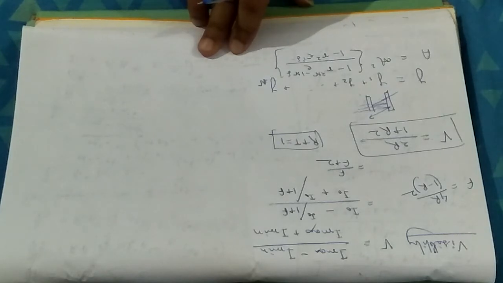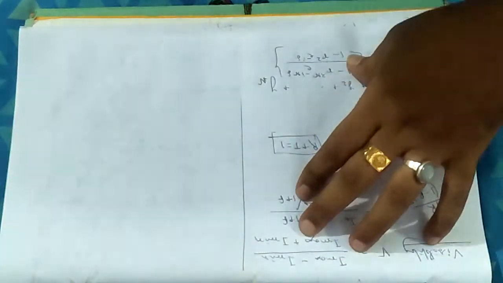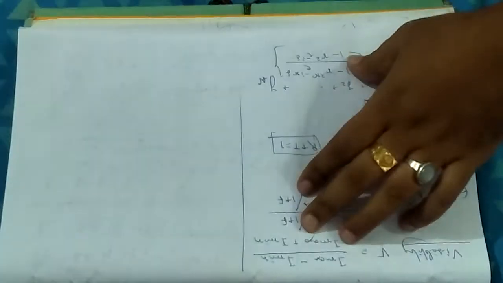And the intensity expression you can calculate with A star. If you put A star here, the intensity expression will be a little longer than the previous case.